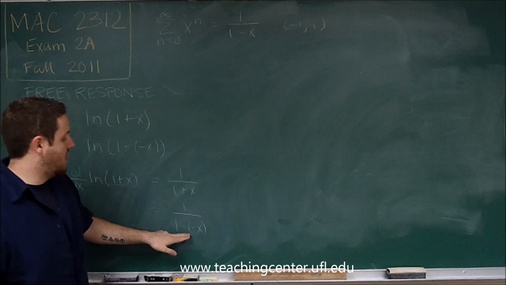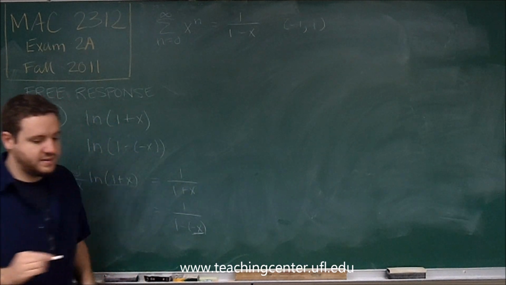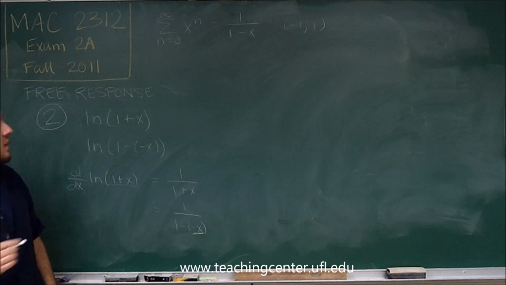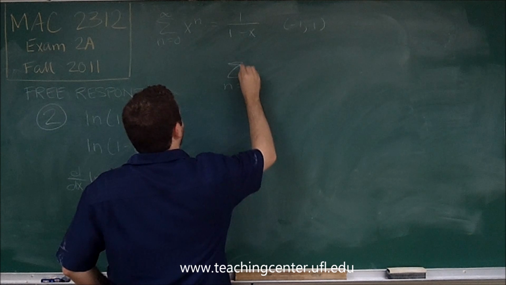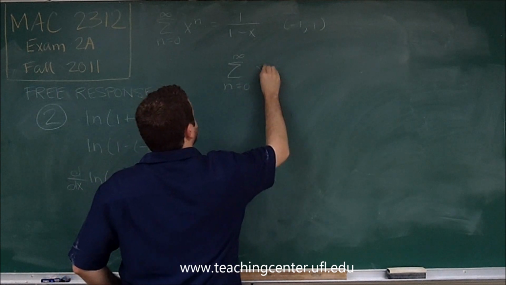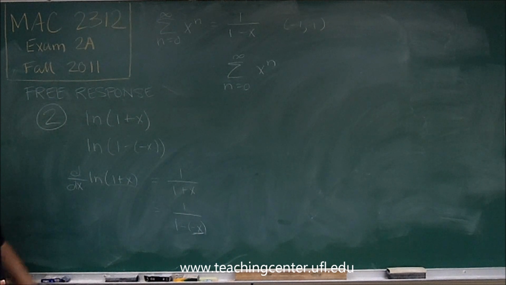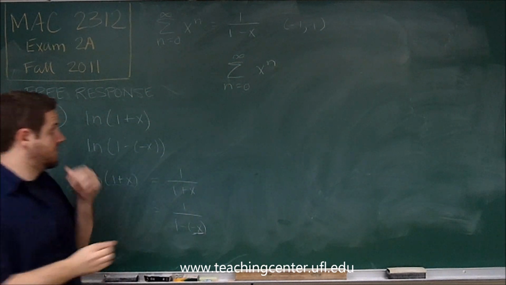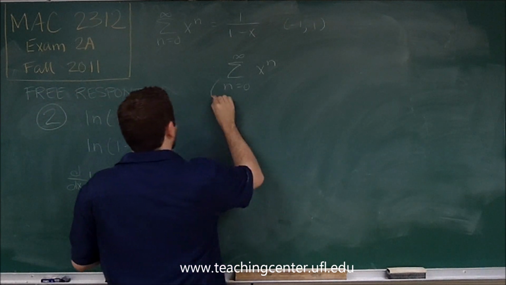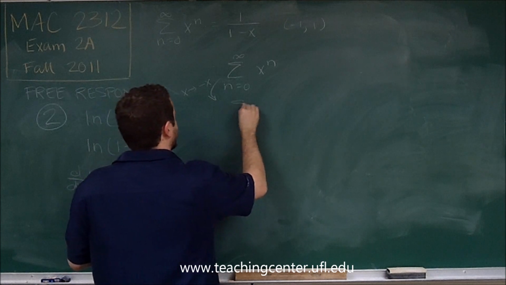But it's not exactly the thing we know. We have replaced x with -x. So we're going to do this now with the series. We're going to start with just this, the series x to the n power. What do we need to do? We need to replace every instance of x by -x. So x goes to -x.